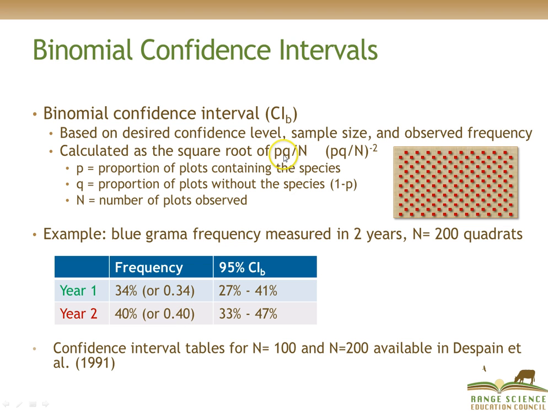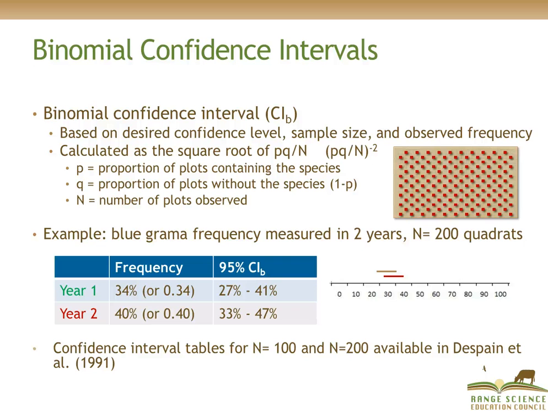Using this formula, the confidence intervals that we would obtain for each of these years are between 27 to 41% for year 1, and between 33 to 47% for year 2. Confidence interval tables can be obtained from Despain et al. and in other resources as well.